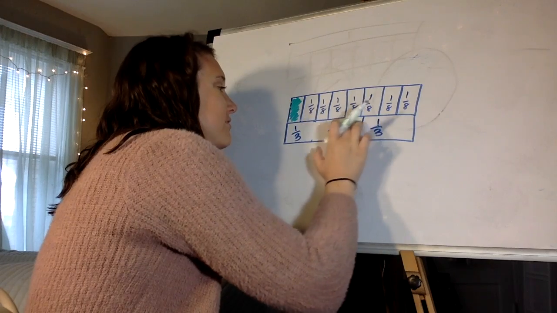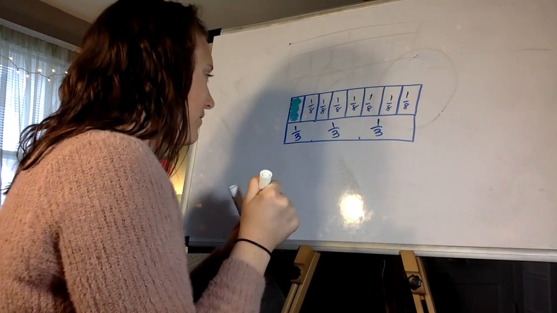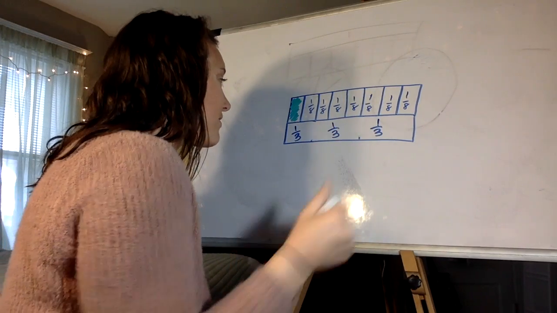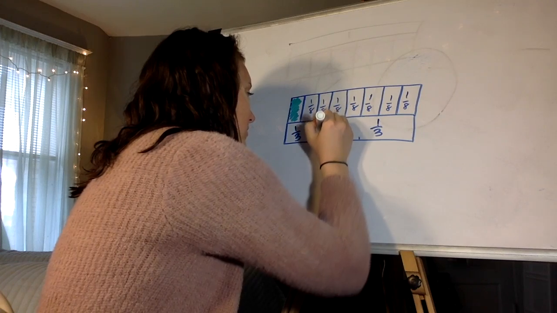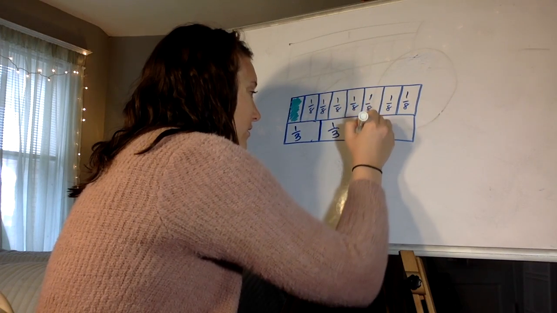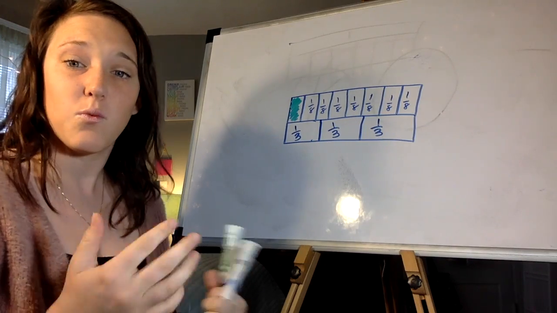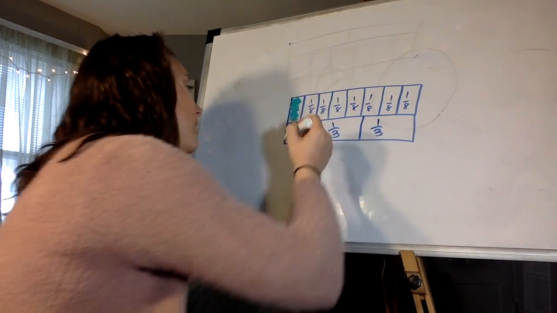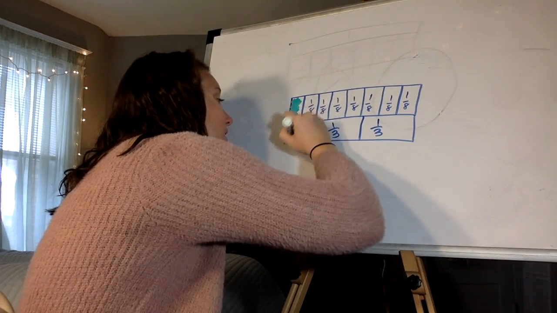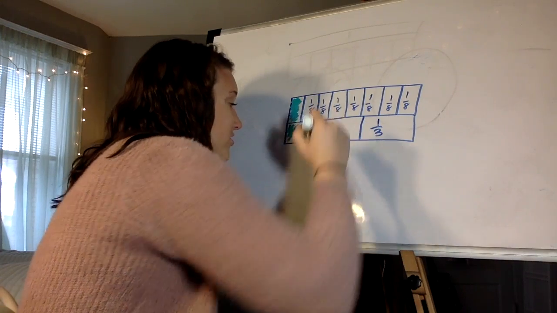Actually, let me fix these lines so they look a little more even. Let's do it like there and there. There we go. Okay, so if I shaded in 1/8 of my fraction strip, now I'm going to shade in 1/3 of my fraction strip.